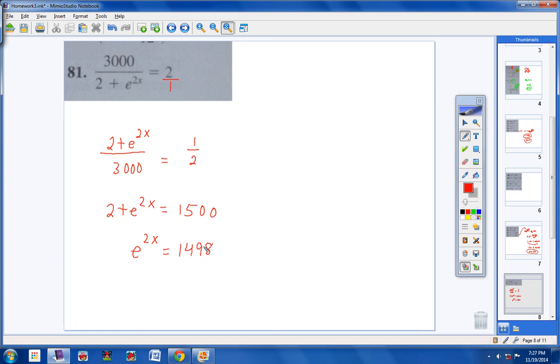And now take the log base e of both sides. Your base matches your base. So you're left with 2x equals the natural log. Log base e is natural log of 1498.